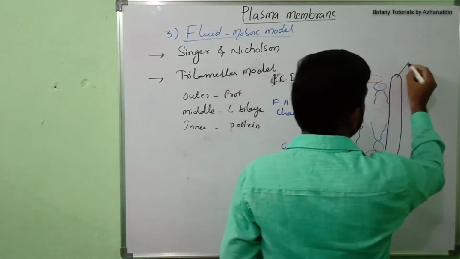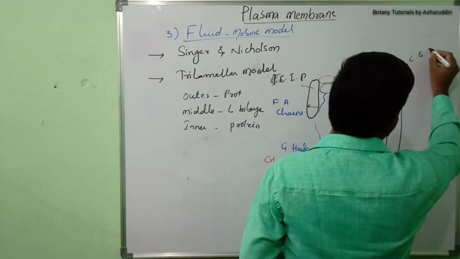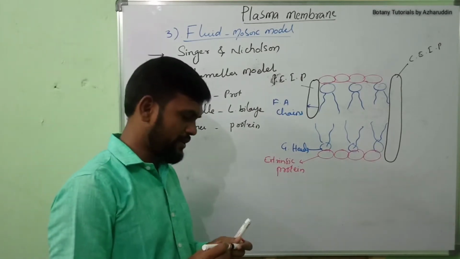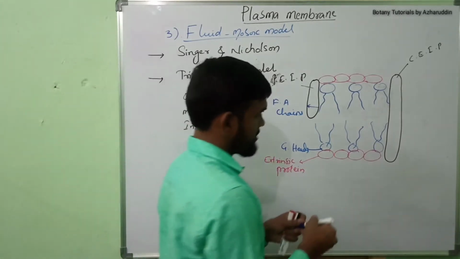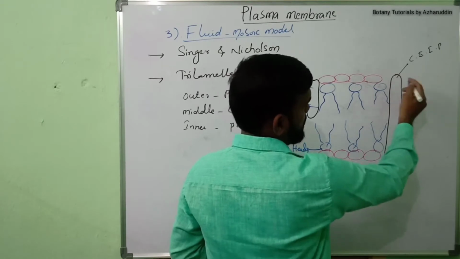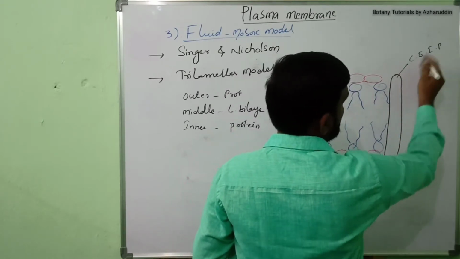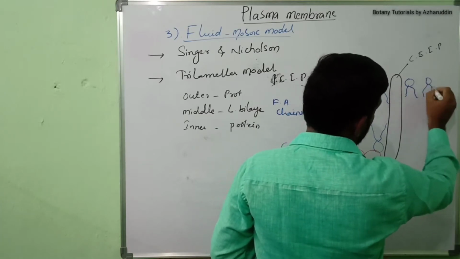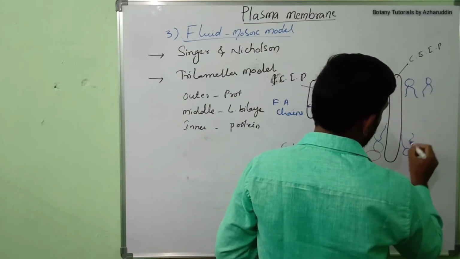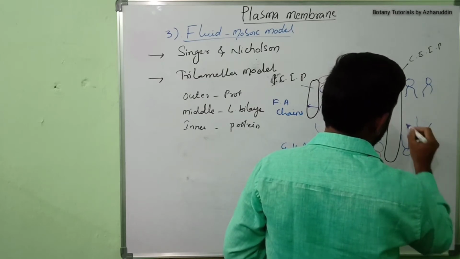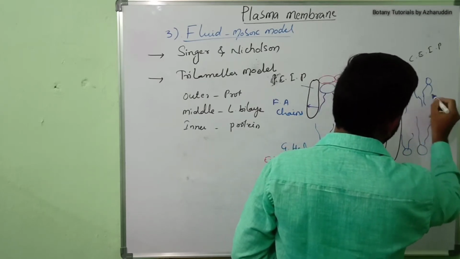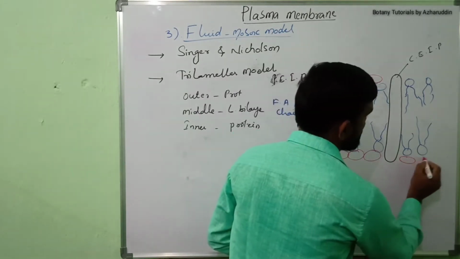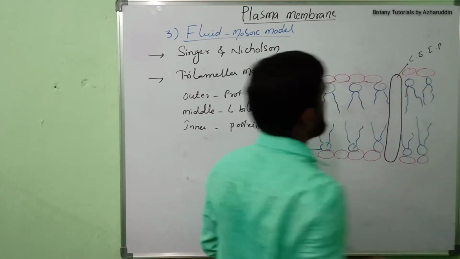They are completely embedded intrinsic proteins. Let us extend this structure outward, next to the completely embedded intrinsic proteins. Again, phospholipids are present. Outer to them, again extrinsic proteins are present. These are extrinsic proteins.